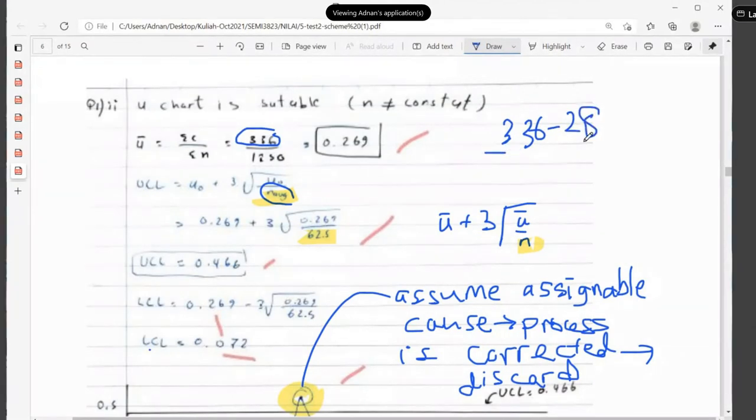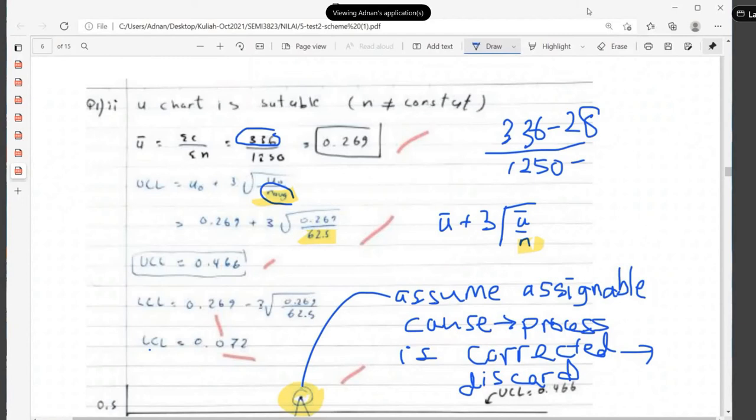Divided by, you have here 1250, the summation of n, minus the n in sample number 8. How much was it, 50 or 75?